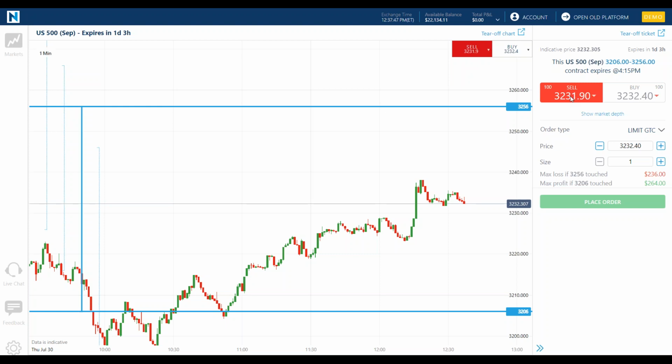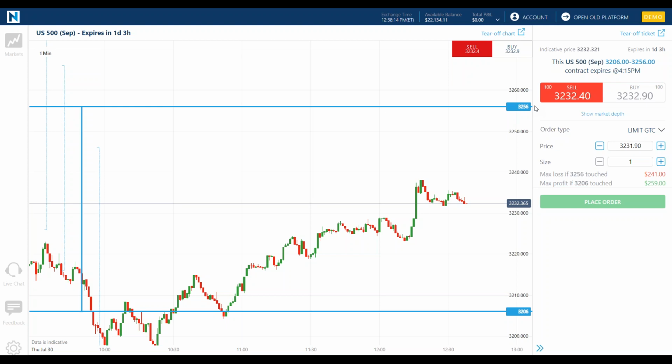Now let's say I think it is going to go lower from here and I sold one. I've got risk parameters around this trade, right? It essentially gives me prices where I would be knocked out of the trade. If I sold one and it went up and hit the upper boundary, 32.56, I would get knocked out of a trade for a loss.